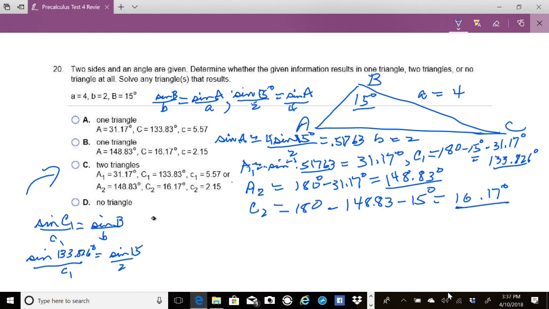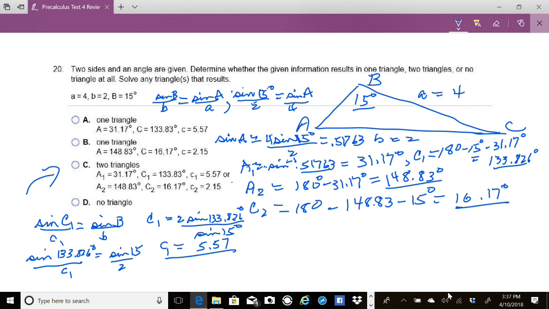So C1 is equal to 2 sine of 133.826 degrees divided by sine of 15 degrees, equals 5.57, which is C1.